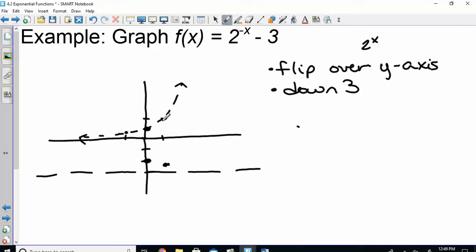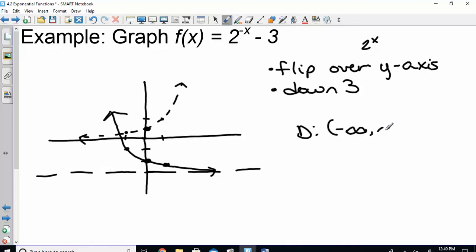And last, I have 1, 2. If I move that down 3, then flip it over the y, it goes over here. My graph looks like this.